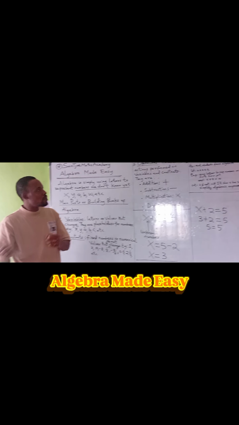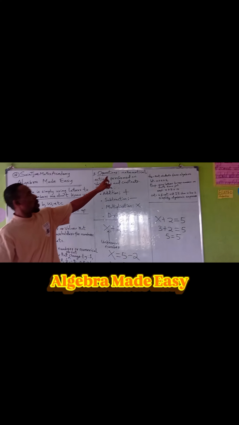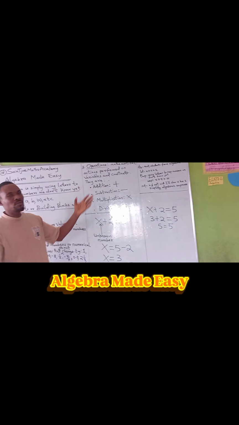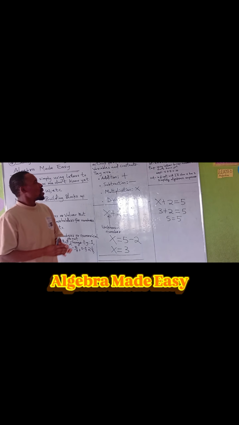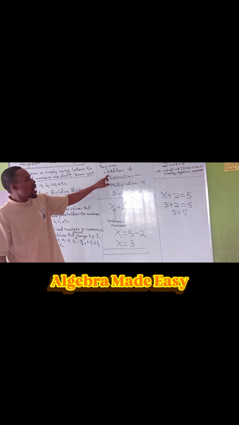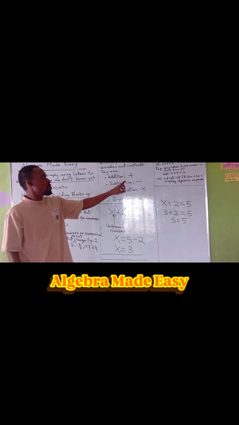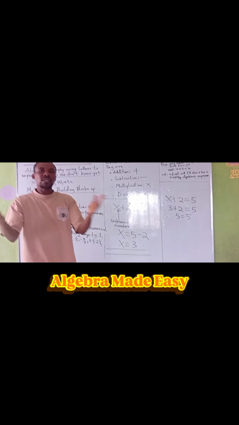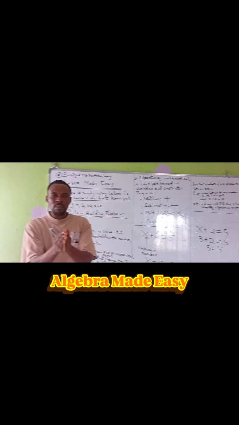Again, we now have the third part of algebra, which we call the operations. What are operations? Operations are mathematical actions performed on variables and constants, right? For instance, we have the addition operation. This addition operation has the symbol plus, as you all know. It tells us to bring things together, to sum them up together.